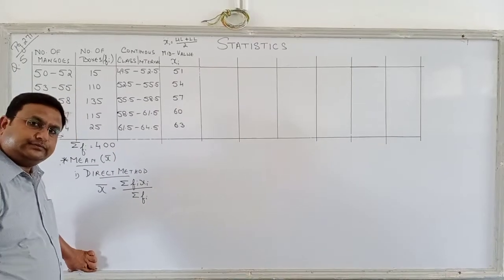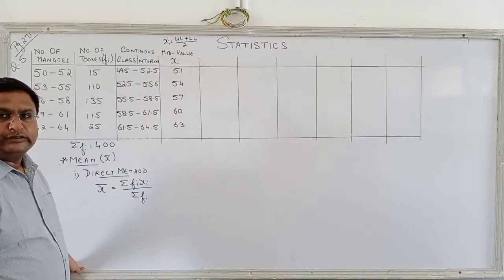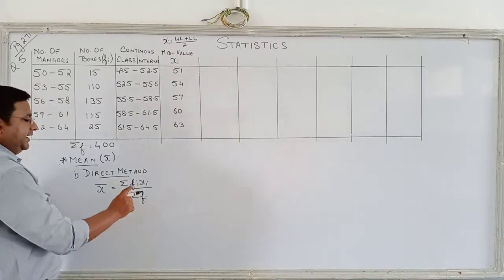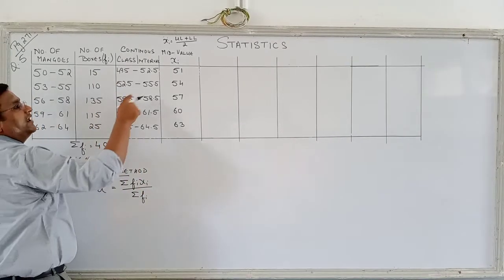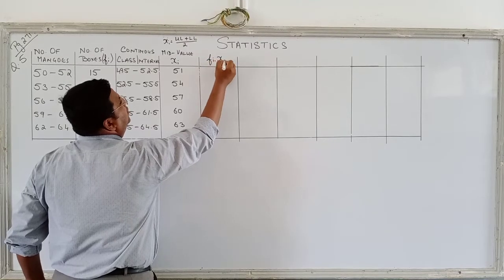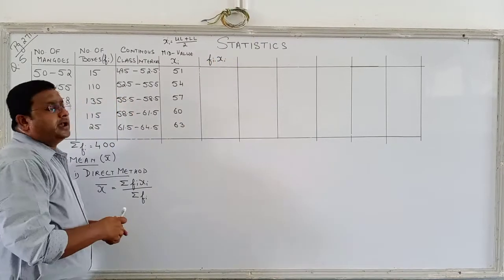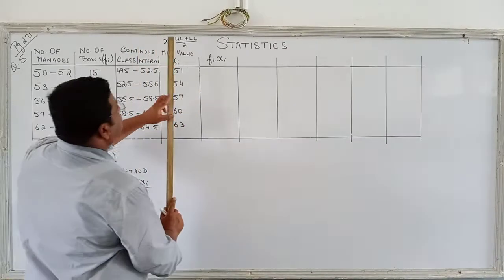Clear? Understood? Alright. Now we need, according to the formula, summation of fi into xi. We have fi, we have xi. Our next column will be fi into xi. I hope you can multiply. Yes or no?